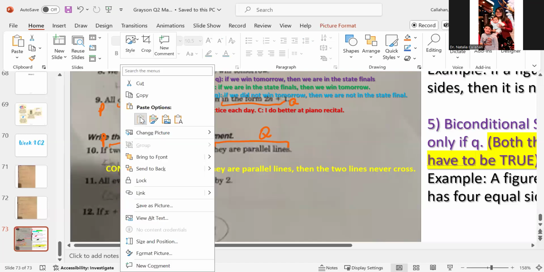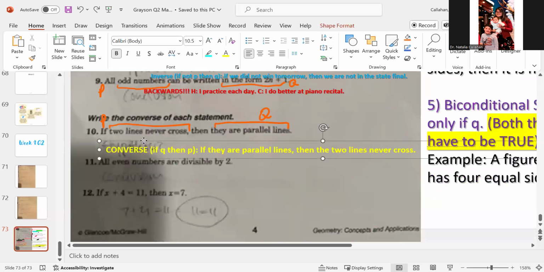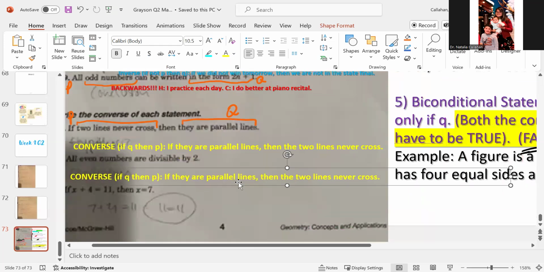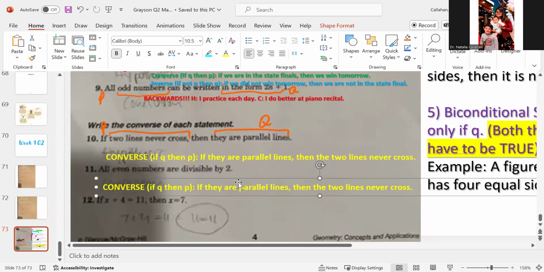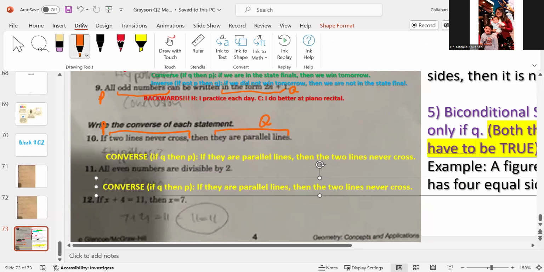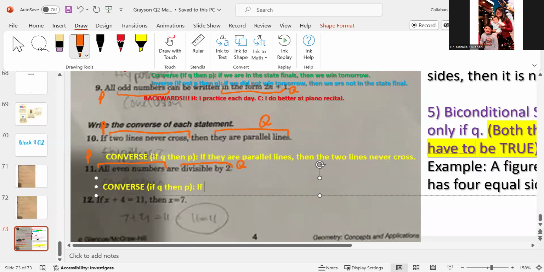All right, let's take a look at number 11. Read it, please. All the even numbers are... Okay, identify the P and Q. P is all even numbers and Q is divisible by 2.